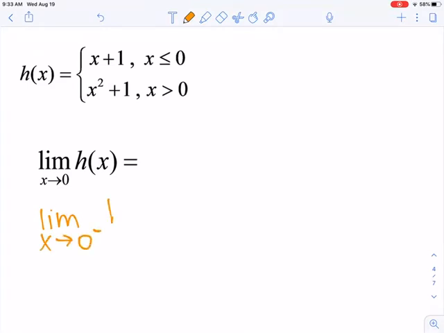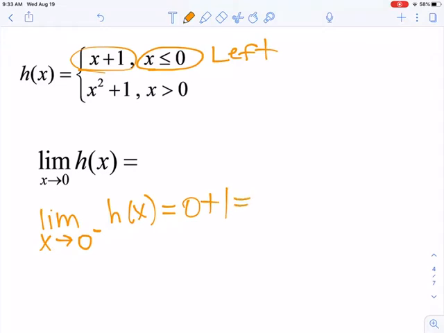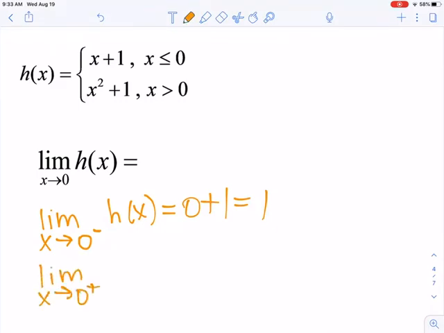Okay, so first let's talk about the limit as x approaches 0 from the left side of h of x. Well, x is less than or equal to 0, that would be the left-hand side of 0. That would be to the left. So we can plug 0 into this x plus 1 piece. Then we need to look at the limit as x approaches 0 from the right side of h of x.